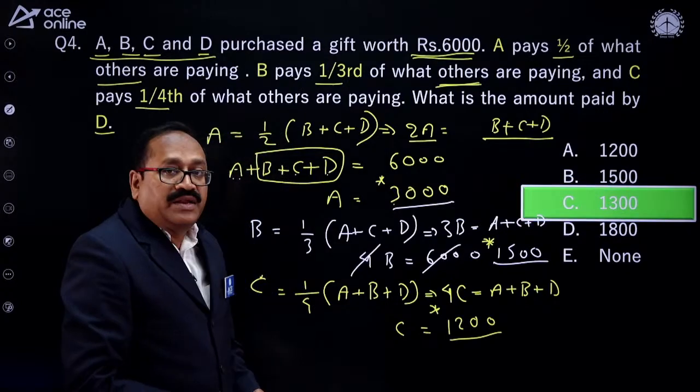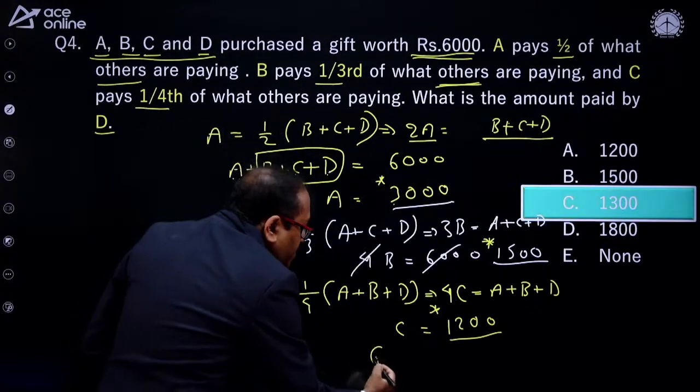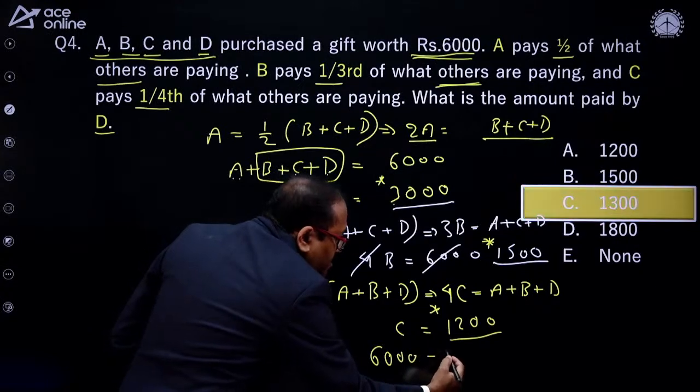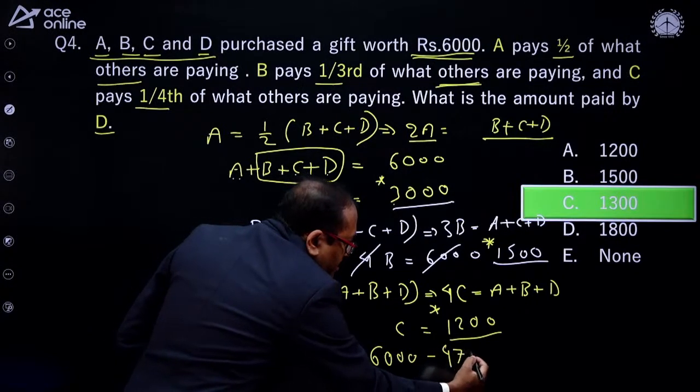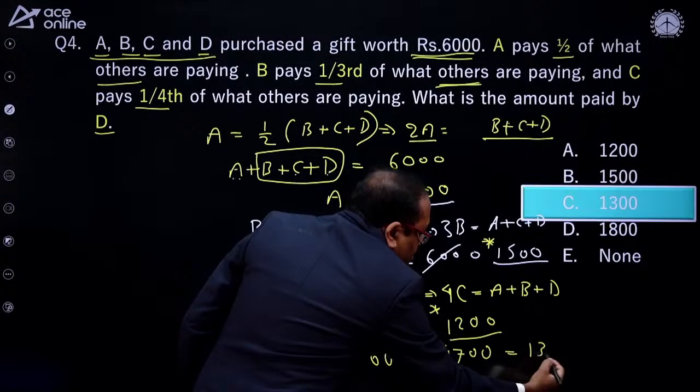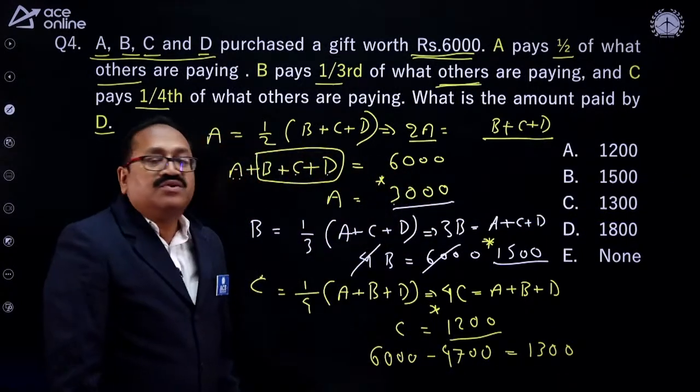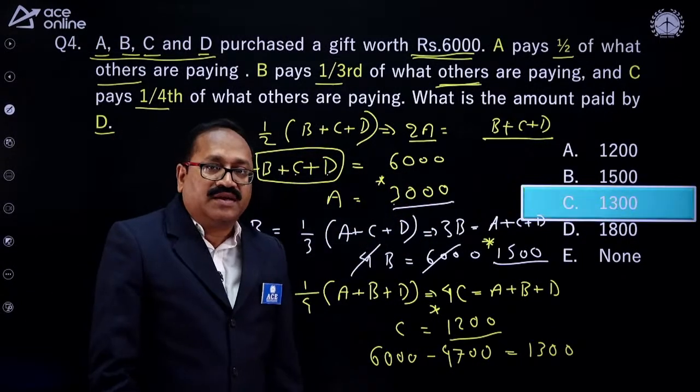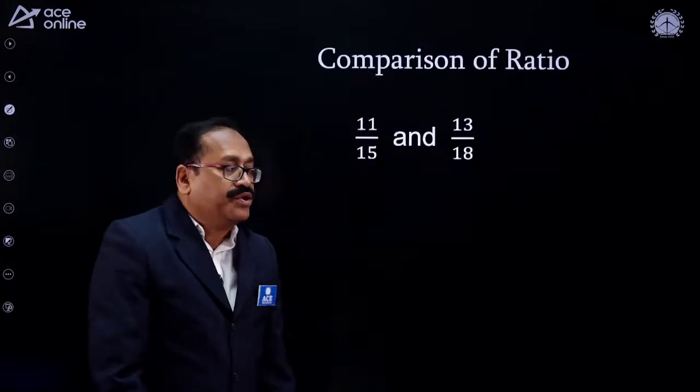So from 6,000, if I take out their total, I will be getting D, which gives us 300. So nicely you people have done it. That's right. Moving to the next question on the board here.